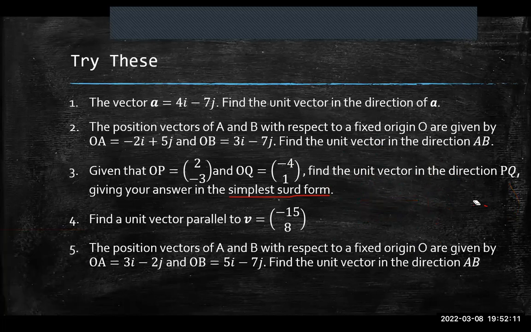So since they want the unit vector in the direction of PQ, and they did not give us PQ, the first thing we need to do is find exactly what that vector is, right? So let me just write out the information here, because I didn't write down this question.